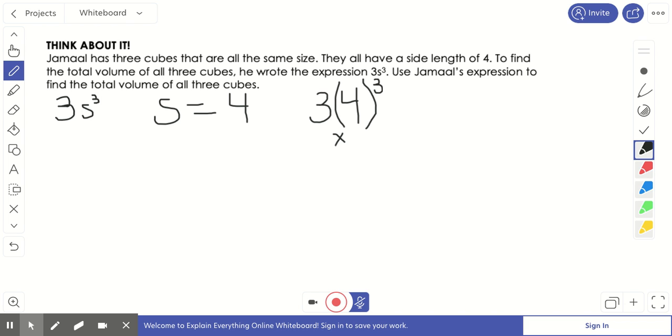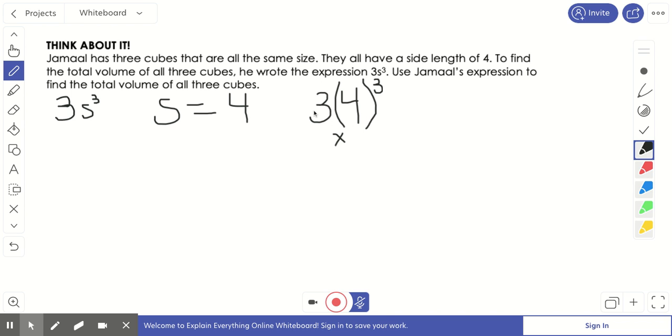If I was using the language of sequencing, I would say first I substituted 4 into the place of the variable. Now I have to use the order of operations to help us actually evaluate or solve this expression.